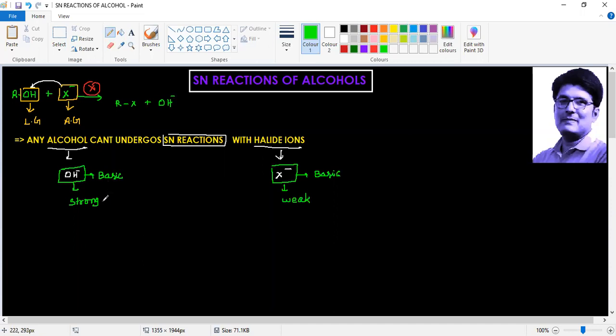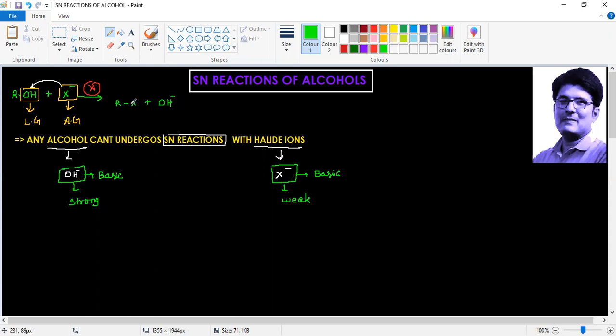I think now you got my point. So once again, I repeat, alcohols cannot undergo SN reactions with halide ions. The reason is that they are weakly basic halides, and weakly basic halides cannot replace the strongly basic OH group. So that's why this reaction is not possible.